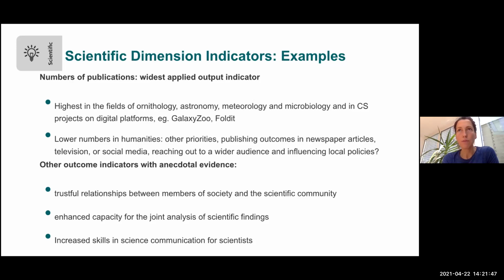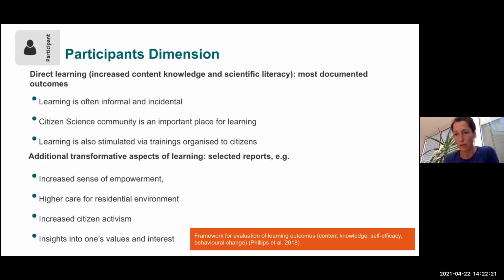Or if they start to analyze data and scientific findings together, might there be new insights, a new capacity because there are several perspectives coming into this analysis? Or for instance, do scientists have increased science communication skills because they work with the public? So these are other indicators that could be looked at to see in how far citizen science has an impact on science.